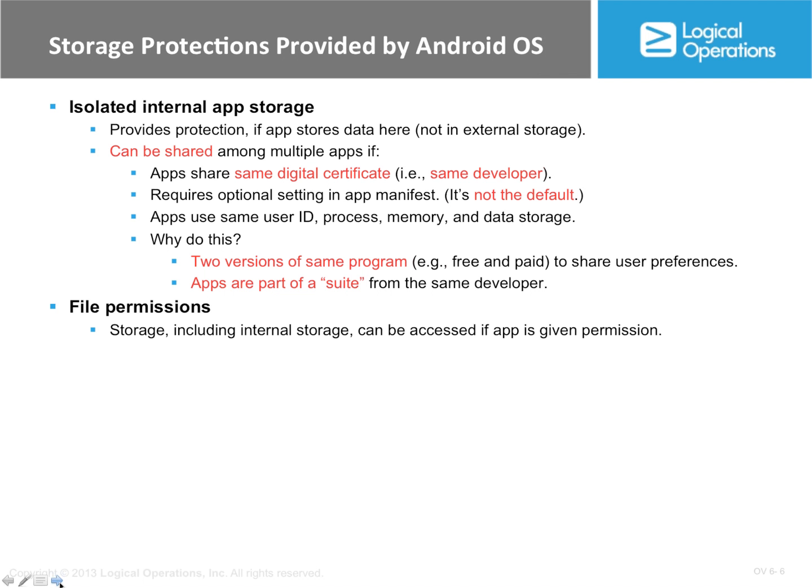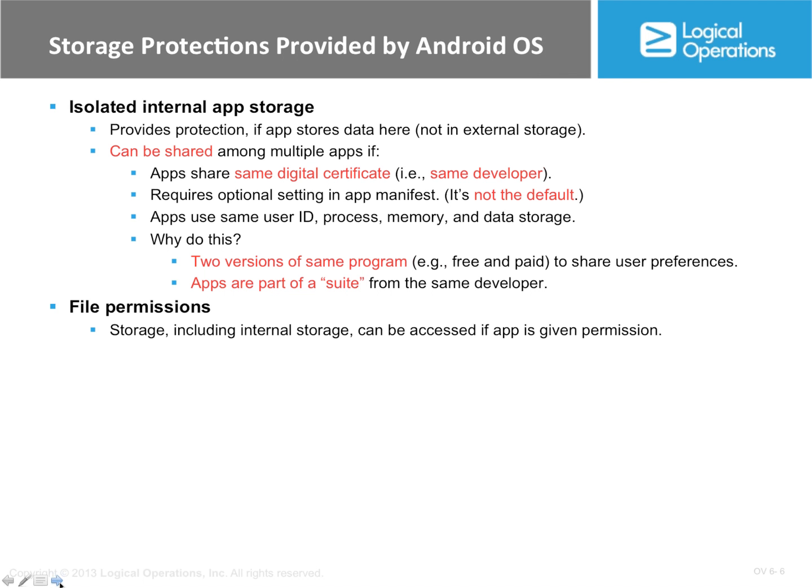So those are the things to keep in mind. Users and apps can use, for instance, the same user ID, the same passwords to access multiple apps. You would do this in lots of different cases, right? Whether an app developer is trying to provide some sort of single sign-on capability, or just conserving resources, or, as you see here, the two versions of the same program.